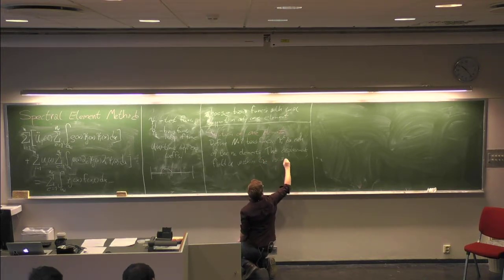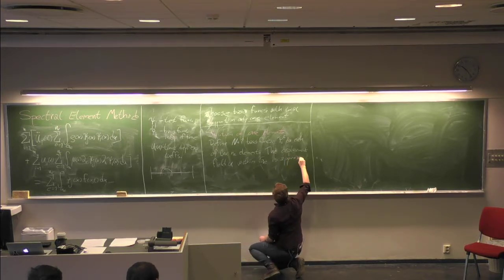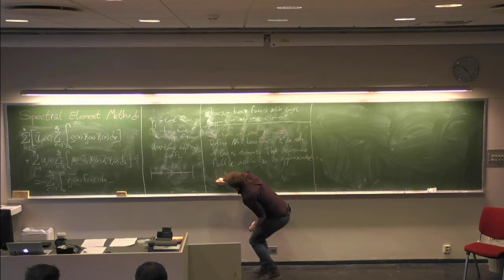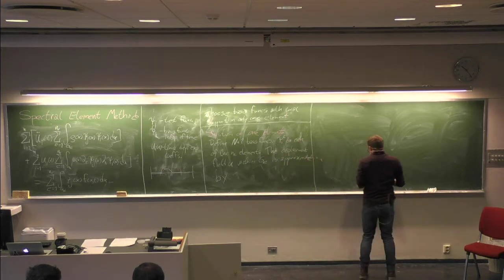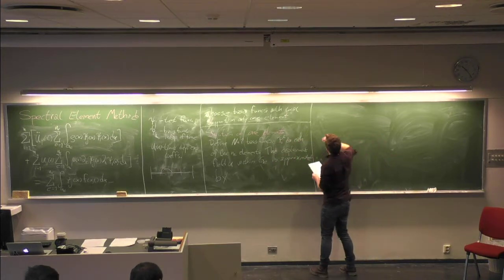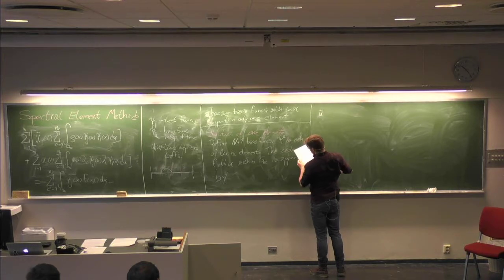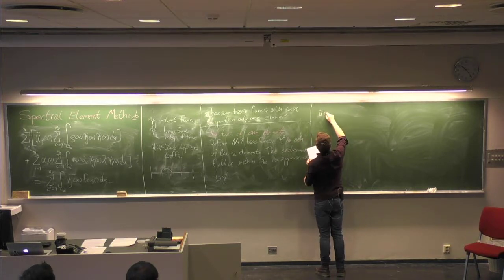It's approximated by something you've seen before: u(x,t), and x should now be inside this element GE.